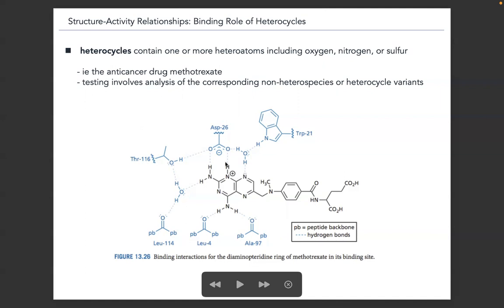You have the nitrogens in the ring and the nitrogens outside the ring acting as both hydrogen bond donors and acceptors. Super cool. And then you have this peptide backbone. Oftentimes those peptide backbones are really there to guide entry into or out of a cell, for example. So if you're wondering what all that spinach out there is for, that's usually what helps the molecule get to where it needs to go.